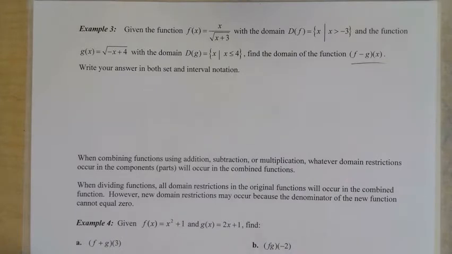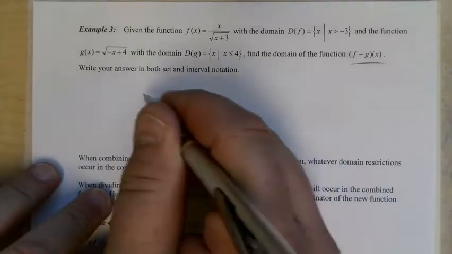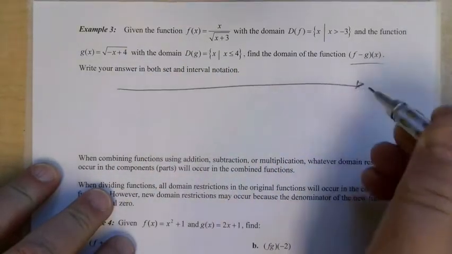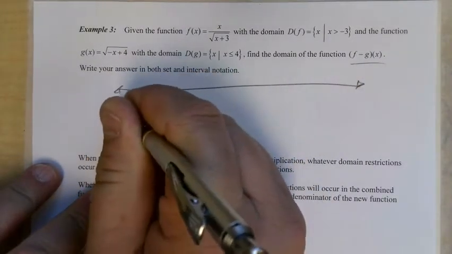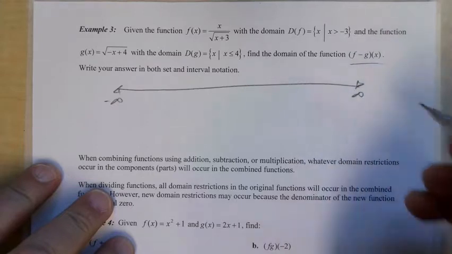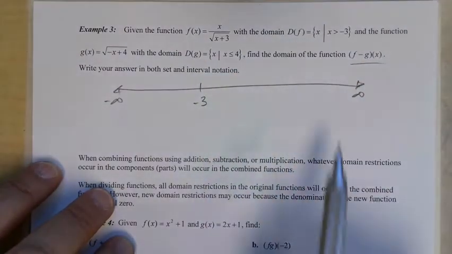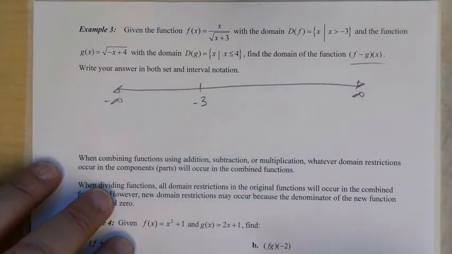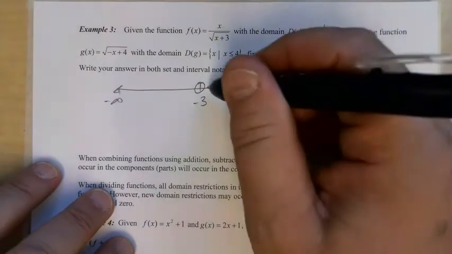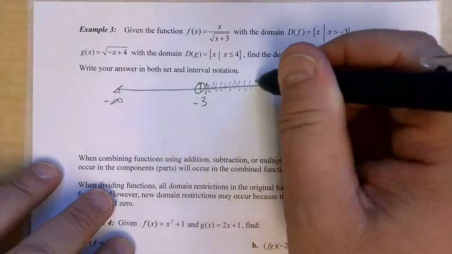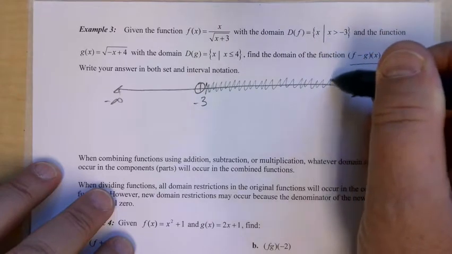Now I'm going to show you again graphically, because I think this is the easiest way to visualize this. Here's my number line, all the way from negative infinity to infinity, and negative 3 is somewhere down here, and this says x is greater than negative 3, so it can't be equal to negative 3, and it's got to be greater than. So I'm going to shade everything greater than negative 3.